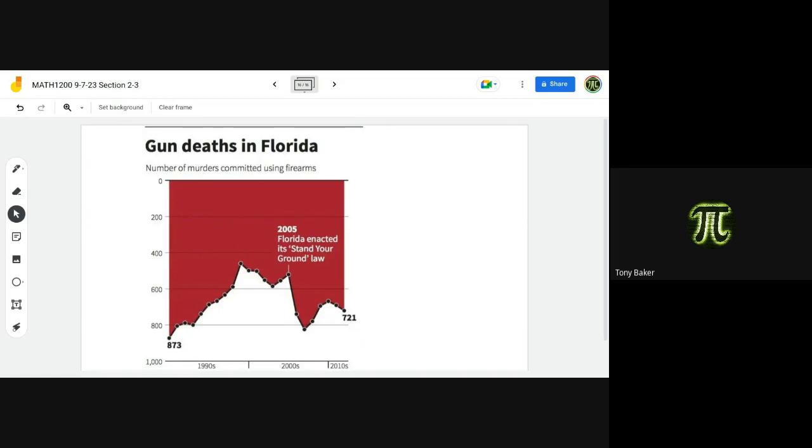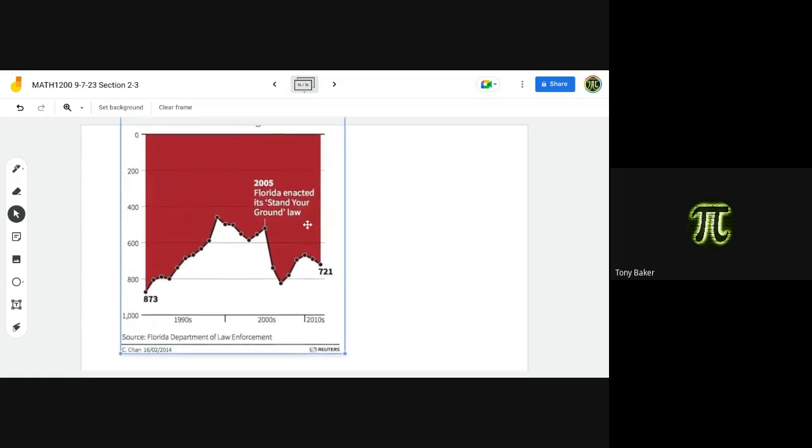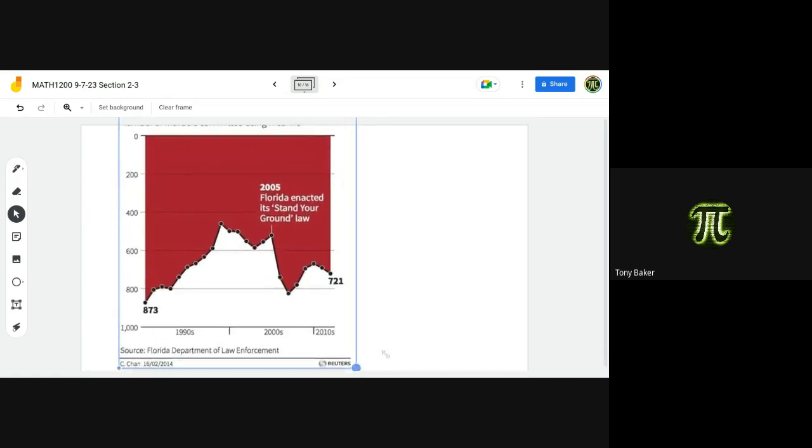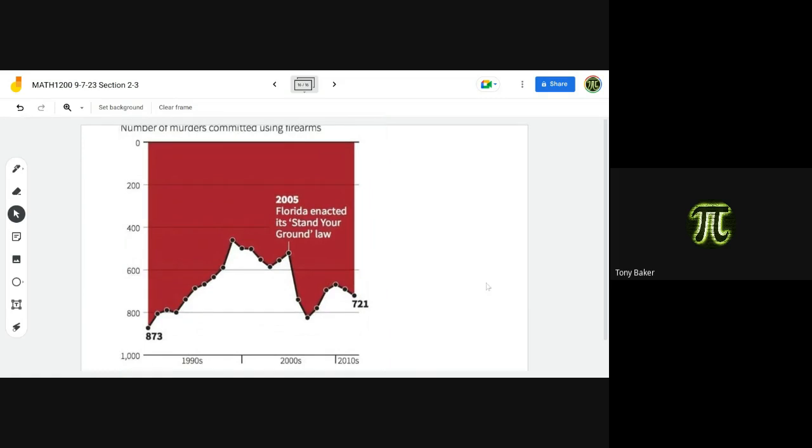Yeah. So gun deaths in Florida. To try to make it look like it goes last. And they actually put the red in the right spot.